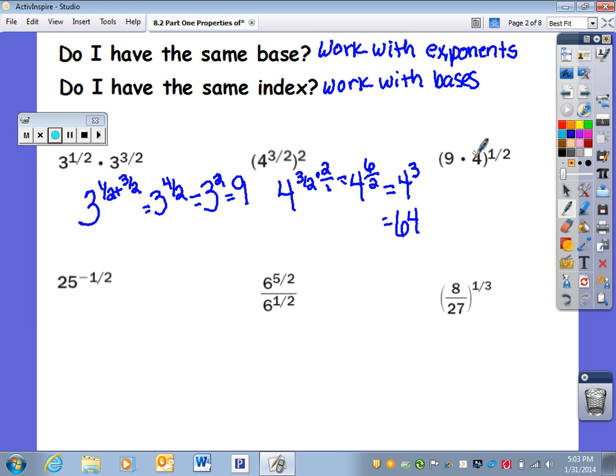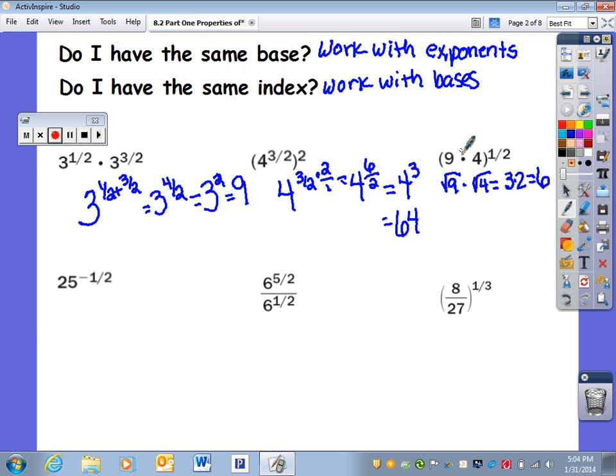In the next example, we could do this two ways. We could take 9 to the 1/2 power and 4 to the 1/2 power. And if you remember, when you take something to the 1/2 power, that's going to be the root, the square root. So we have the square root of 9 times the square root of 4. The square root of 9 is 3, and the square root of 4 is 2, and then we can multiply them together to get 6.